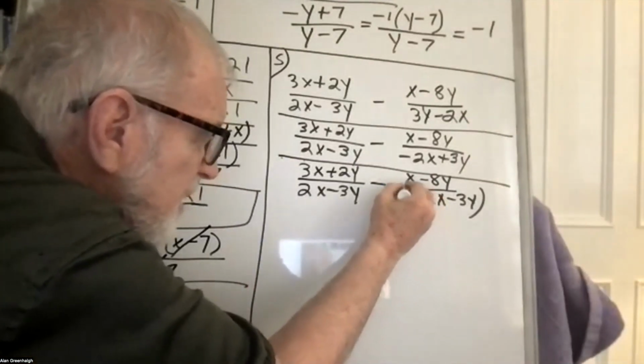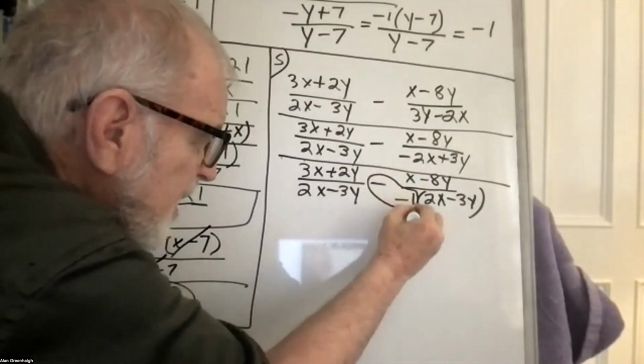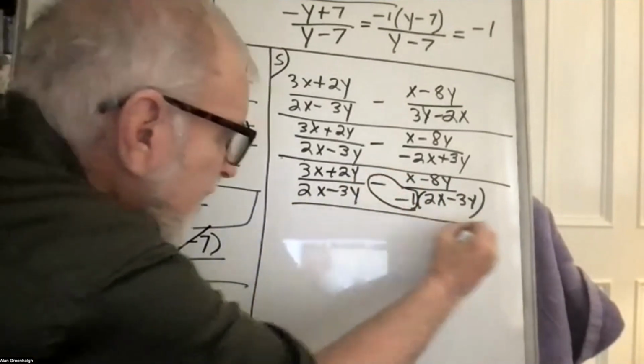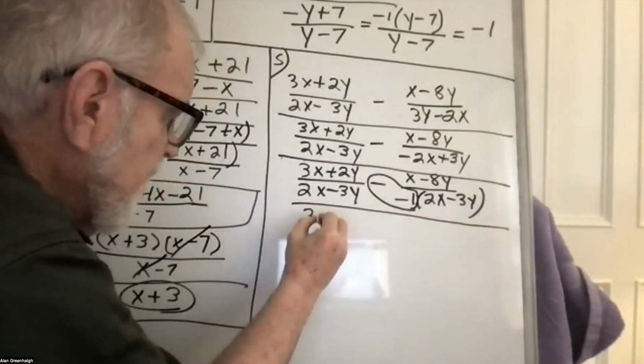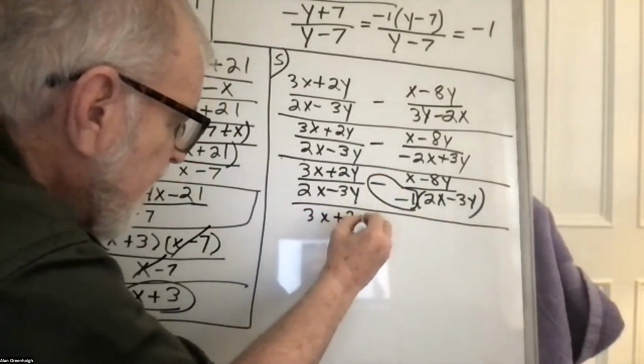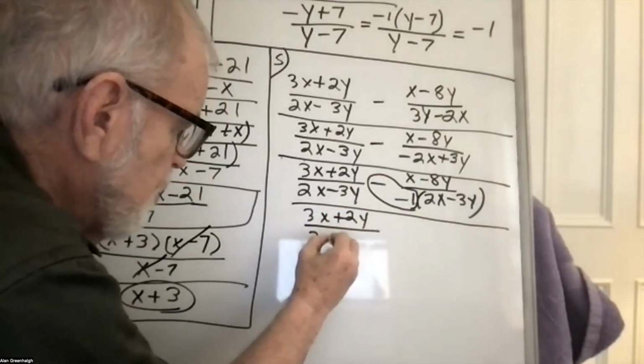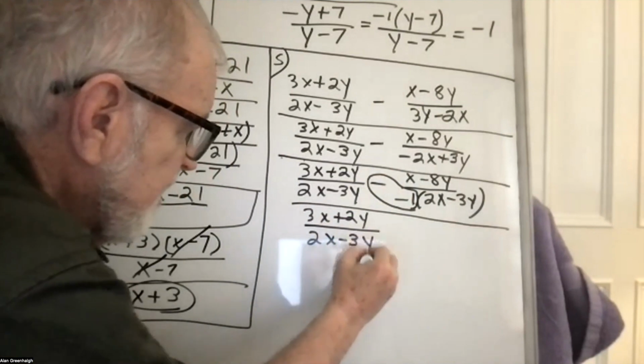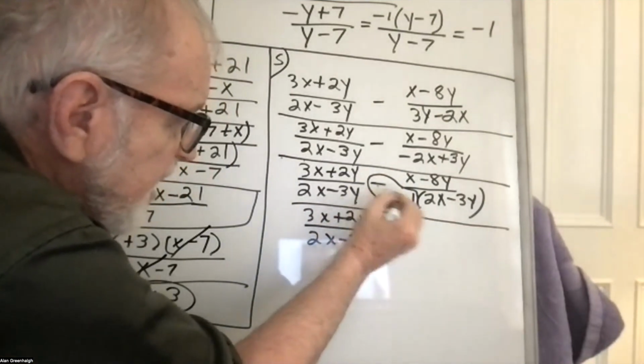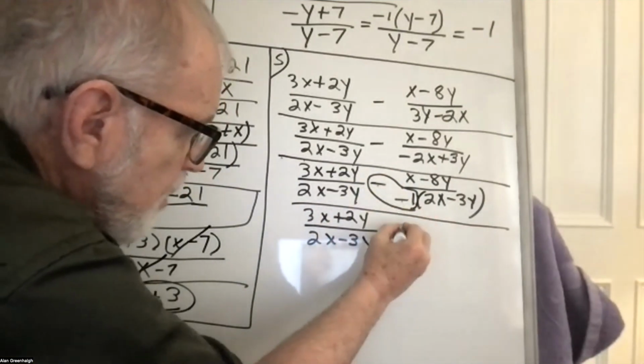You take this, and you put them together. And you wind up with 3x plus 2y over 2x minus 3y. Okay, that's good. This negative and that negative would become positive.